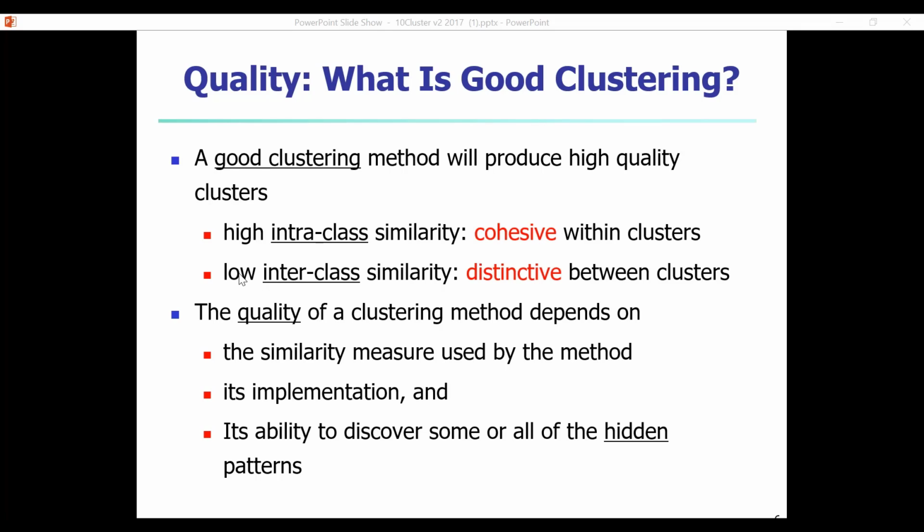And low inter-class similarity: each cluster should be different from other clusters. So each cluster has to be heterogeneous, or you can say distinctive or independent of each other. The quality of a clustering method depends on the similarity measure used by the method, its implementation, and its ability to discover some or all of the hidden patterns.